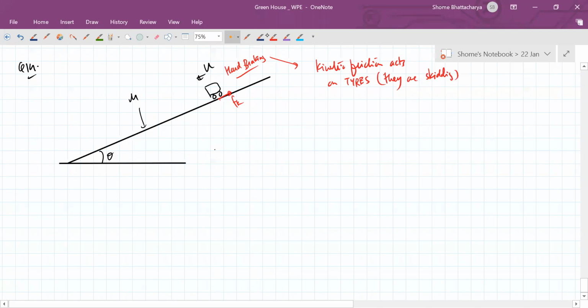So what will happen here is that if you look at the forces, and we assume that the friction is enough to make it decelerate, we will have mu N.